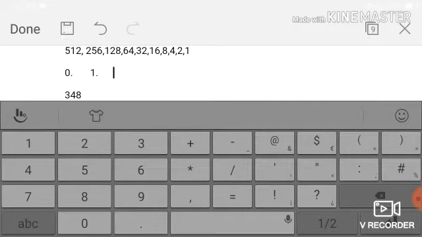Then 128, we didn't use 128, this will be 0. Then 64, we used 64, so it will be 1. Then 32 is 0, we use 16, and we use 8, and 4. Then we didn't use the 2 and the 1. So this will be the binary of 348.